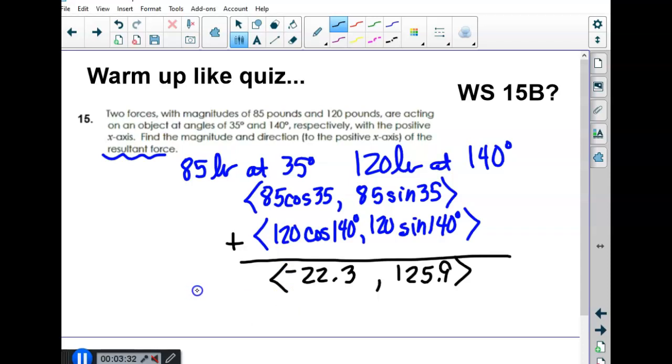But it is not the resultant magnitude or direction. How do we have to find magnitude and direction? Magnitude means do what?